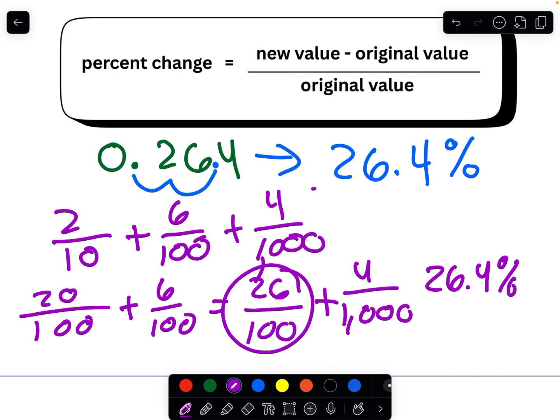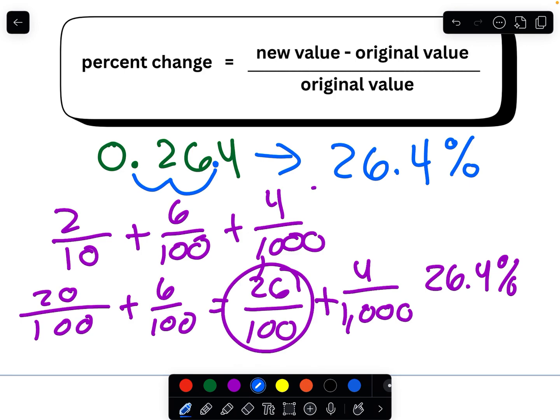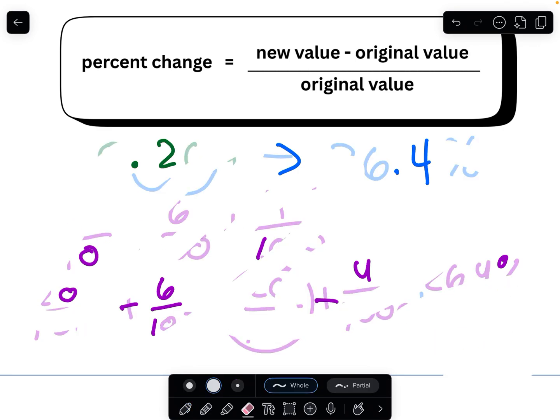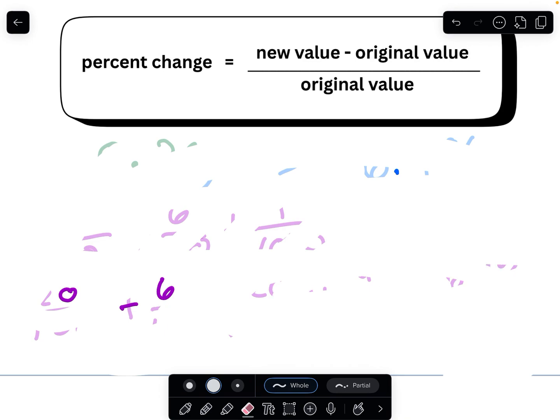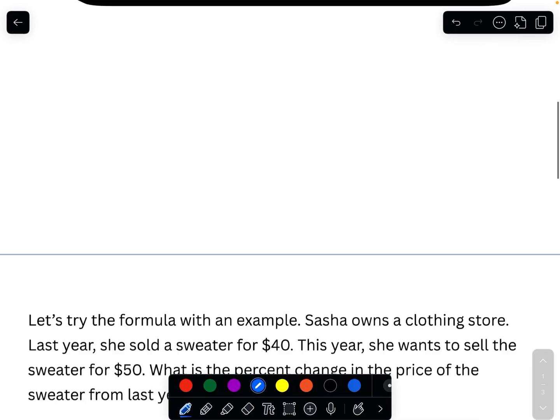And whenever we have a percent, to convert it back to a plain old decimal, we would move that decimal point back, 0.264, and as you can see, this is, again, 4 out of 1,000. I hope I haven't lost you there, but I did just want to do that quick explanation of why percents make sense. That sounds funny. Percents make sense. Okay, anyway.